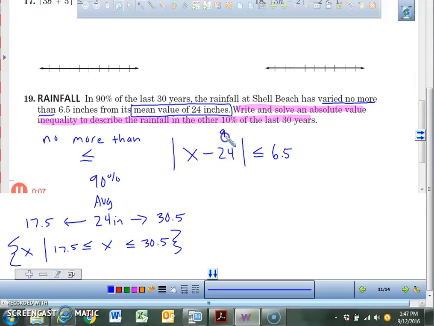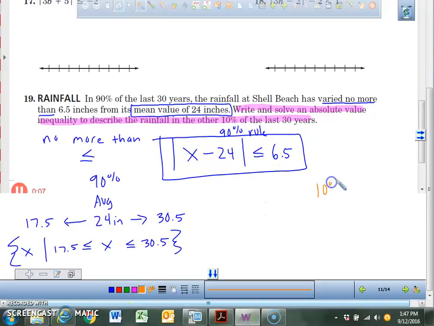So this is the 90% rule. I'm going to write that down. If it asked us for the absolute value inequality for the 90%, this would be it. But we don't want the 90%. We want the 10%. So let's think about what the 10% would have to be. If the 90% rule is no more than, what would be the 10%?